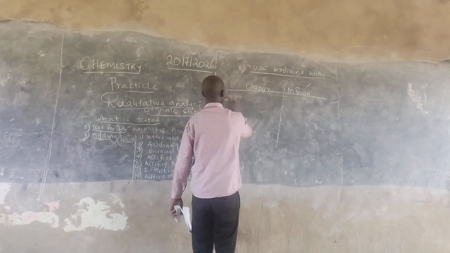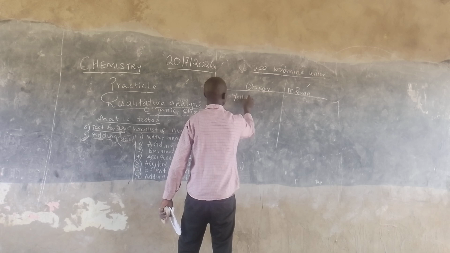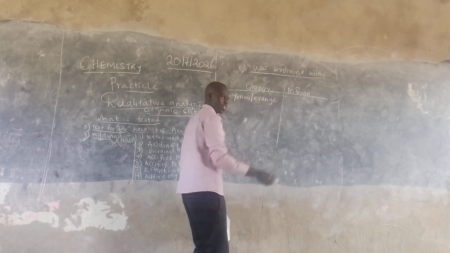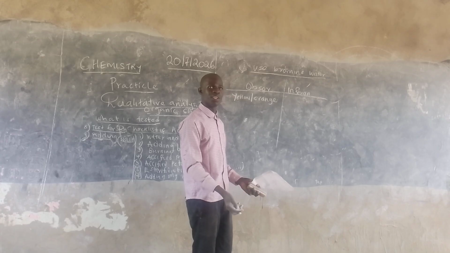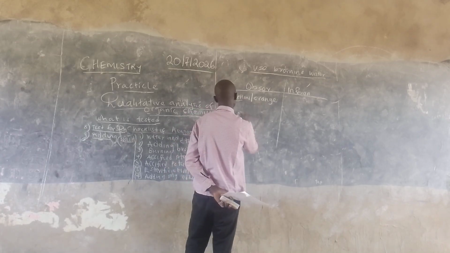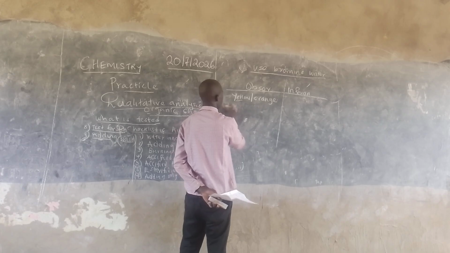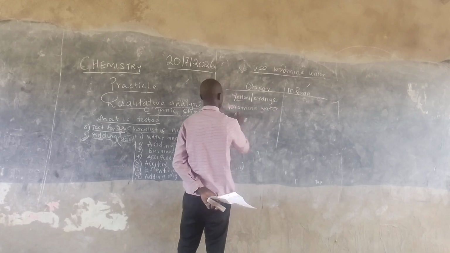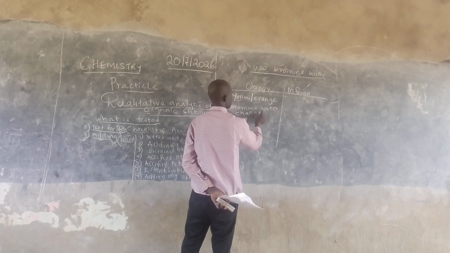So we say yellow, stroke orange. When you write in your exam, don't write stroke orange. If you decide to use yellow, use yellow. If it's orange, use orange. Orange bromine water changes to colorless.